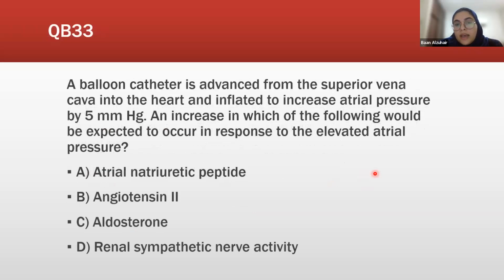Okay. A balloon catheter is advanced from the superior vena cava into the heart and inflated to increase atrial pressure by 5 millimeters mercury. An increase in which of the following would be expected to occur in response to the elevated atrial pressure? Remember when we mentioned this and you guys said we didn't take it?